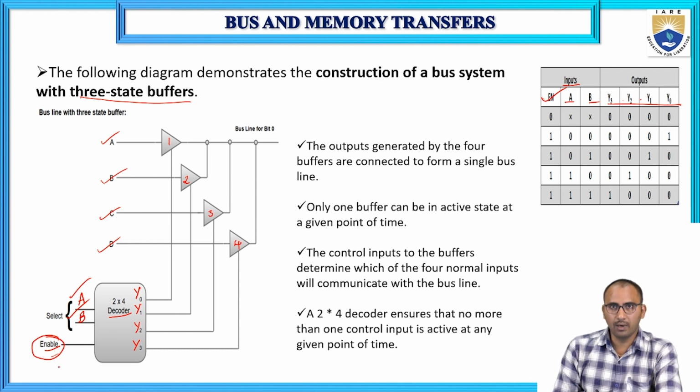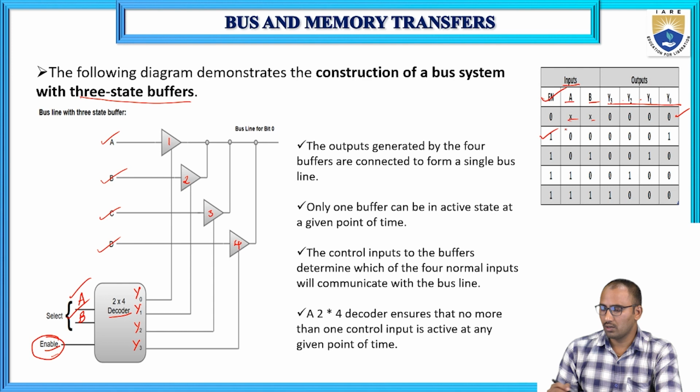If the enable pin is disabled, that is enable equal to logic 0, then you will not get any output. Even if we apply inputs, we will not get any output. We get the output only if the enable input is logic high.